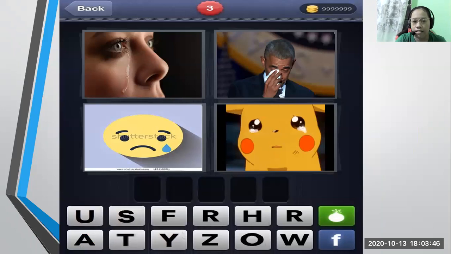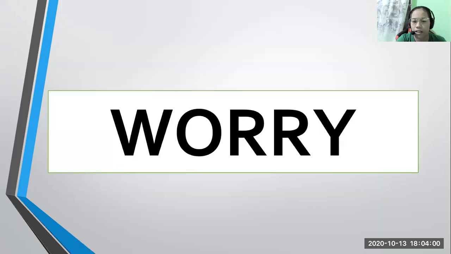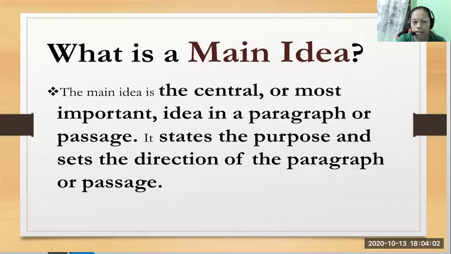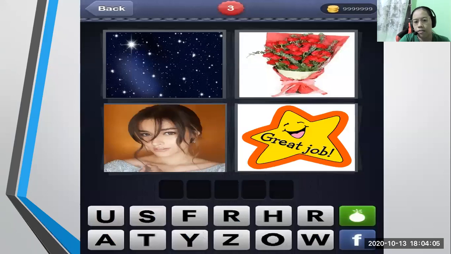This is our second 4 picks 1 word. Okay, you have 10 seconds again to answer this activity. What do you think is the word for these 4 pictures? Okay, very good. The word is worry. All right. What about this one? What do you think is the answer for this? All right.